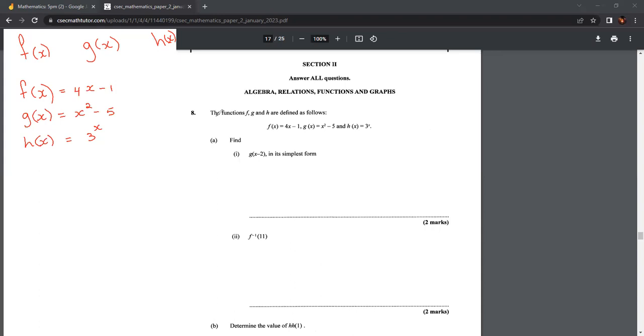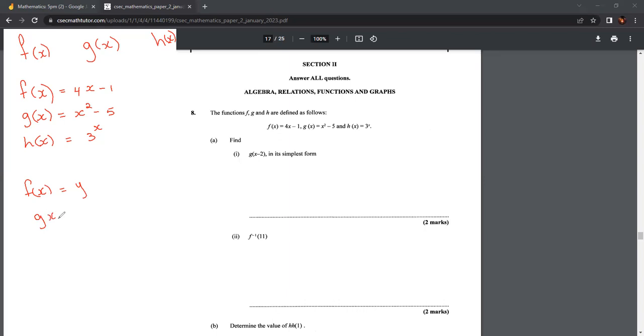Now, what we have to understand is that when it comes to my functions, my f of x is actually y.